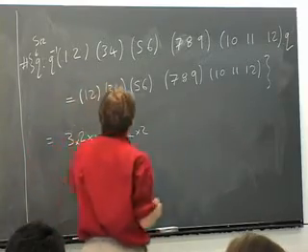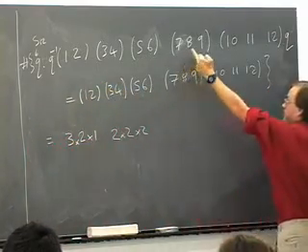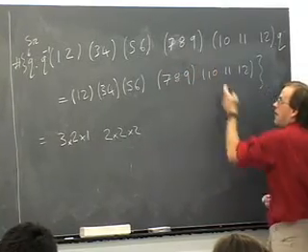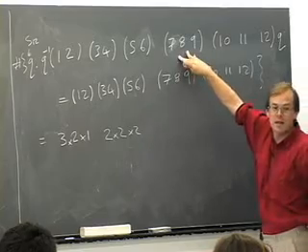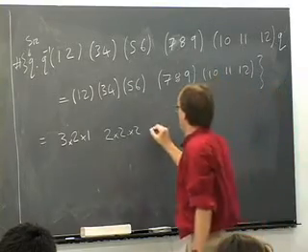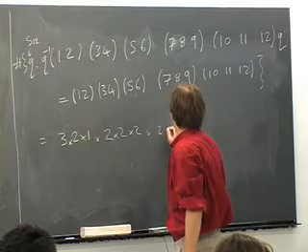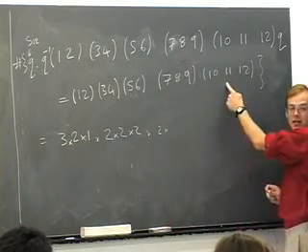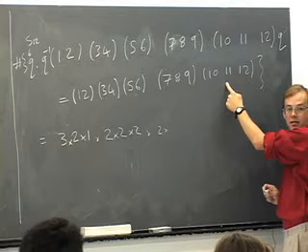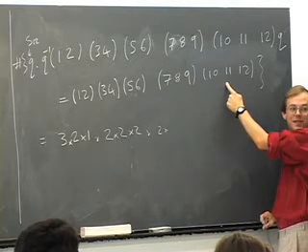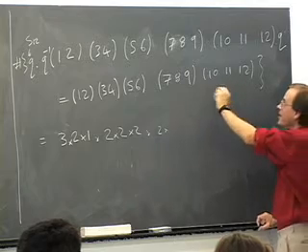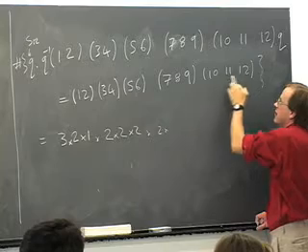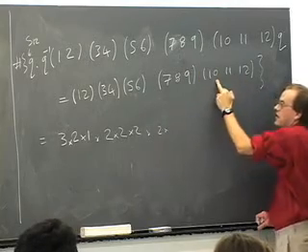Okay, and then let's look at the 3 cycles. How many 3 cycles could I match this with? 2. And if I choose to match it with this one, how many ways of matching it are there? 3. I asked where the 7 goes. It can go to the 10 or 11 or 12. Let's suppose I send the 7 to the 10.